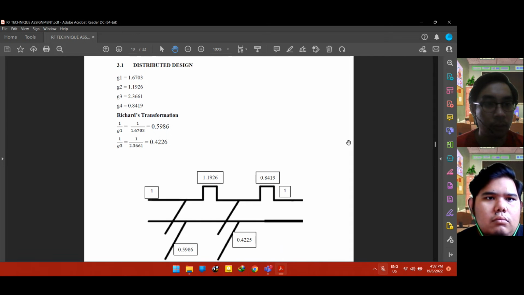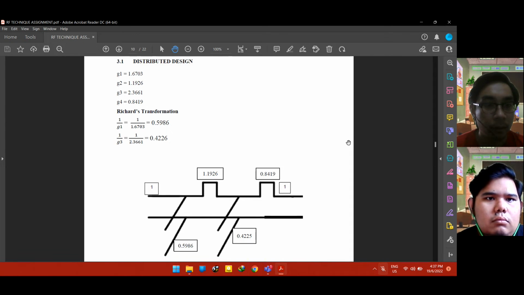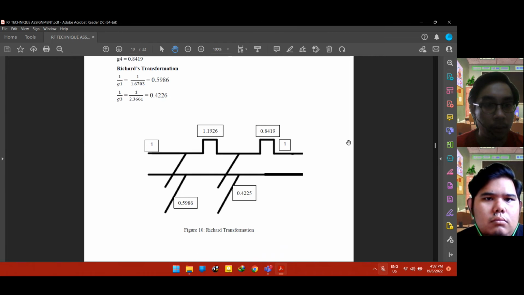So for the Richards transformation, basically for this one, the value 1.1926 is the inductance that I need to calculate by using the transformation.